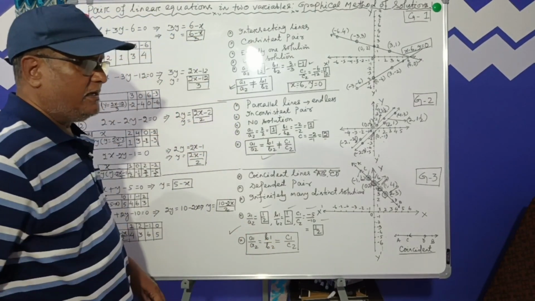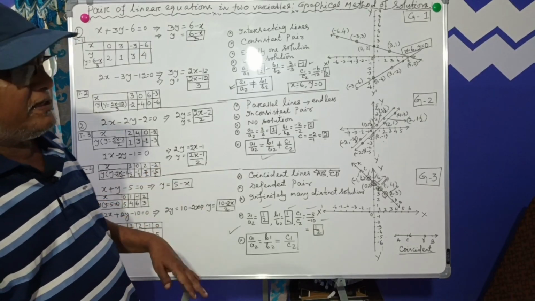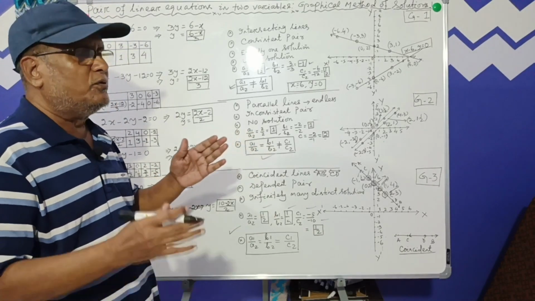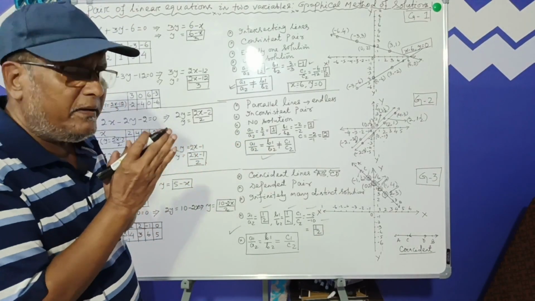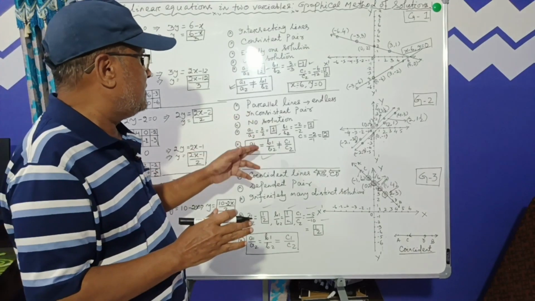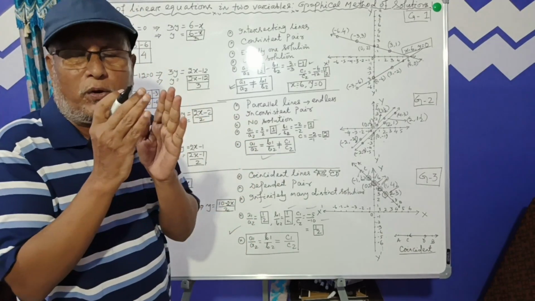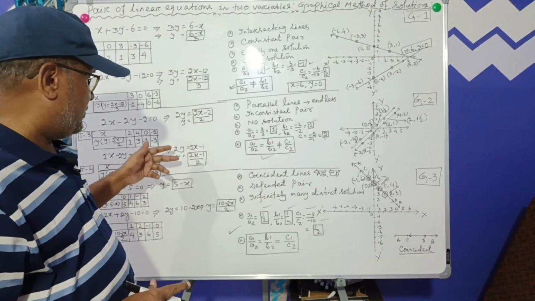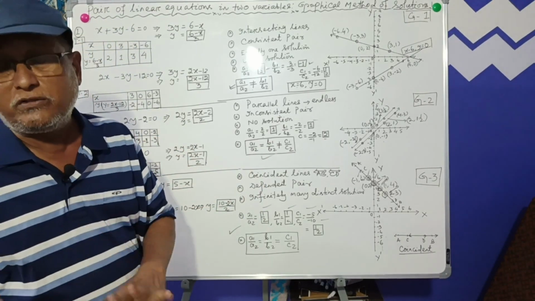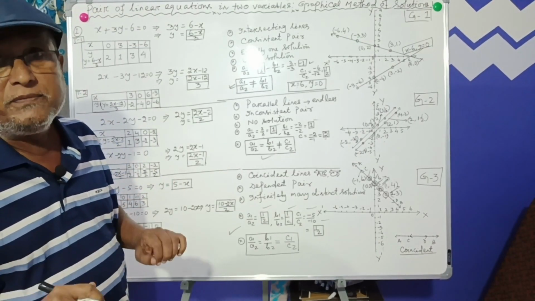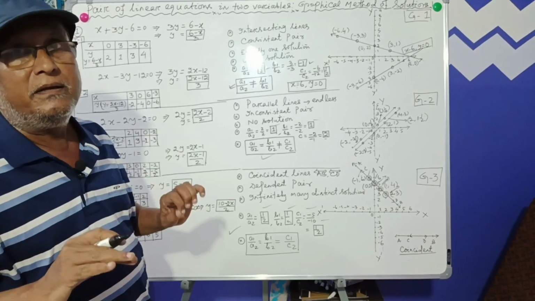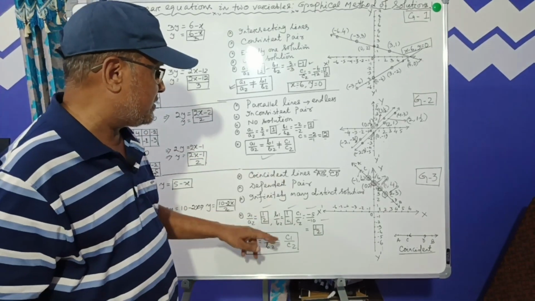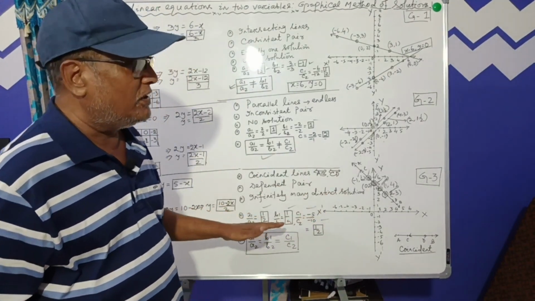If this is the condition, then we can say the two lines are a dependent pair, coincident pair, and the pair of linear equations has infinitely many distinct solutions.